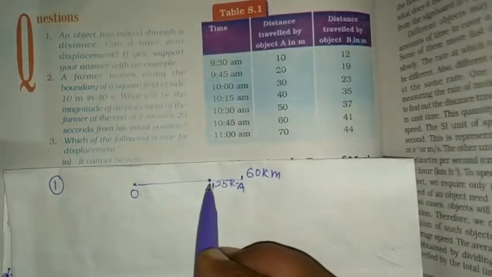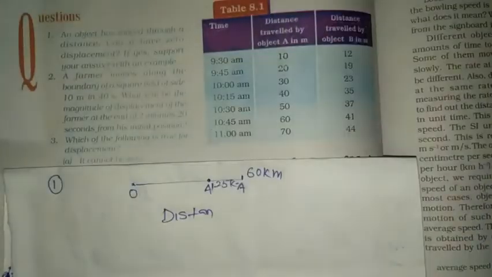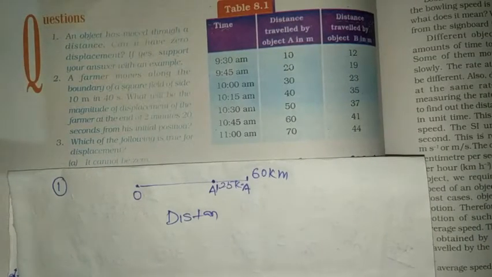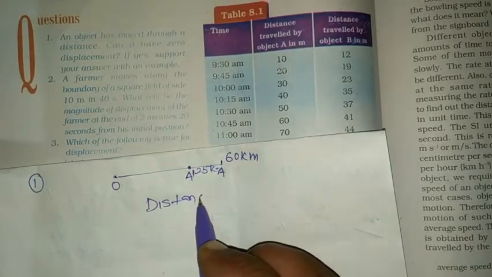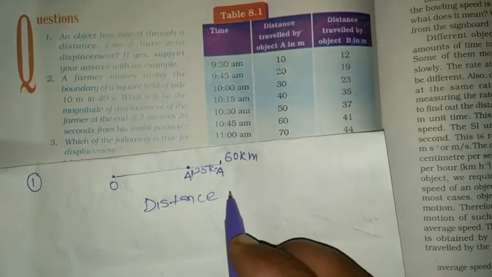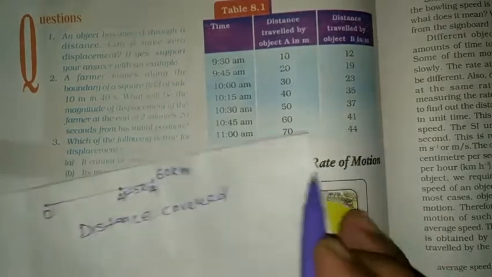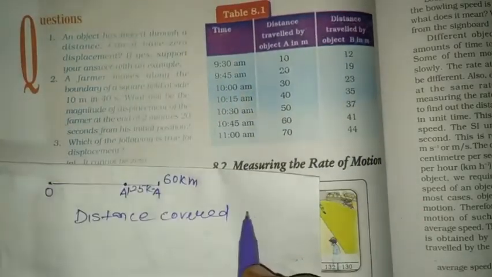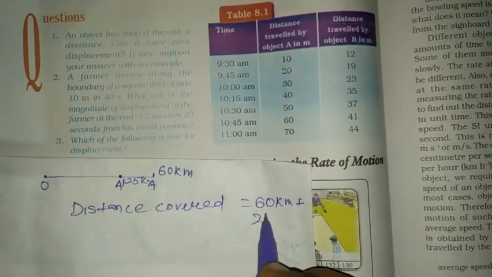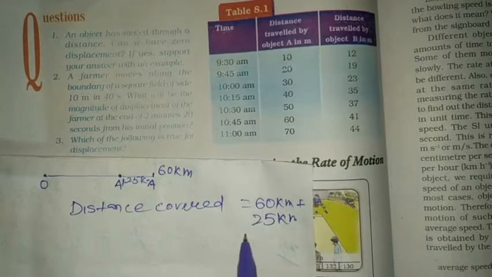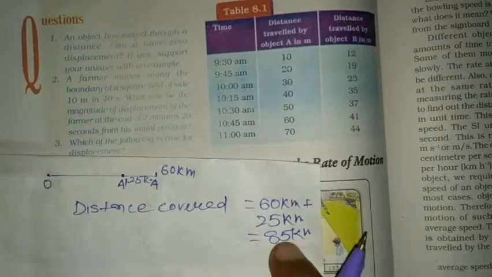Now we have to take the distance. So in this case, how much will the distance be? It will be the result of addition of 60 and 25. Distance covered equals 60 kilometers plus 25 kilometers, so our result is 85 kilometers. Correct.